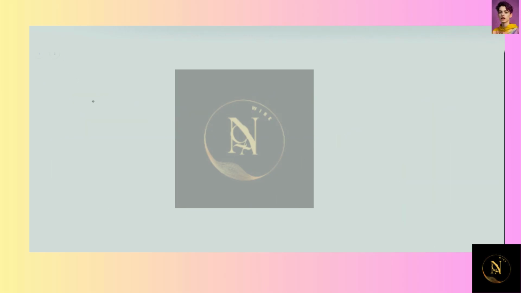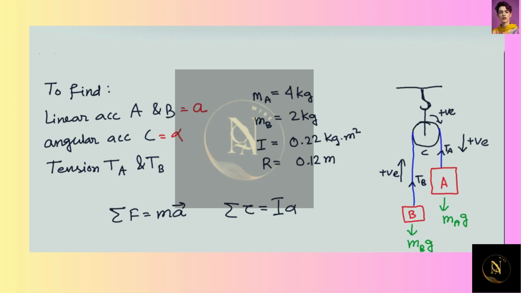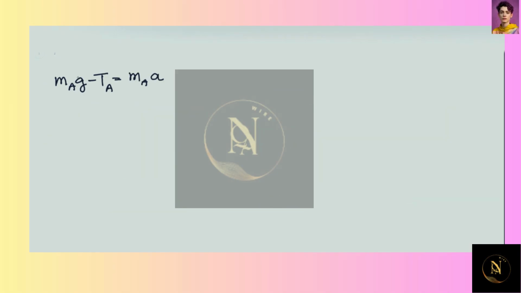And since the box is moving downwards, that means MA g minus T should be equal to MA times a. Let's call it actually TA. The reason this is negative is we considered downward direction as positive here, so TA is negative, and MA g and this direction are in the same direction, so that's positive.